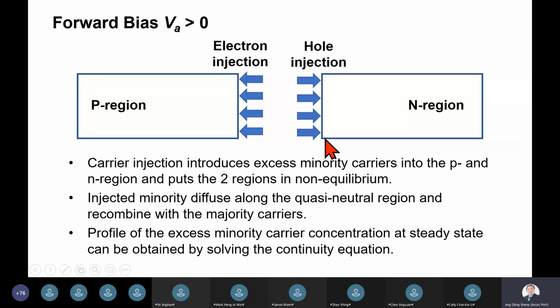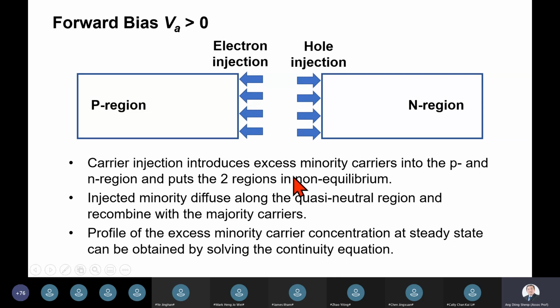Now, if you recall what you have learned in the chapter on non-equilibrium, you have seen such examples before where minority carriers are being injected right at one side of a semiconductor. And how do we analyze such a problem? We can analyze this problem by solving the continuity equation, okay?